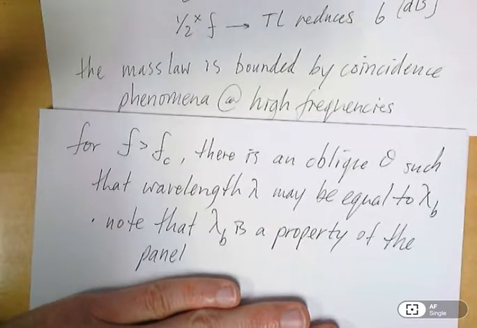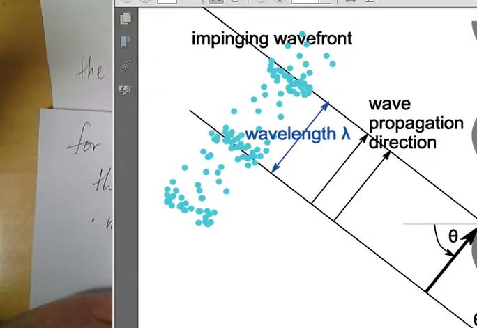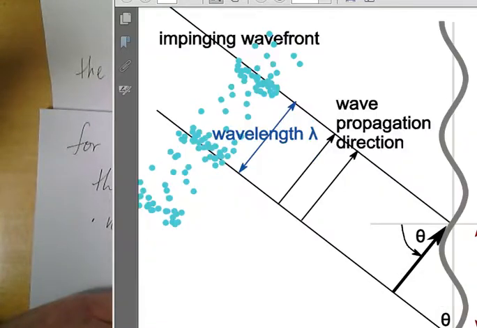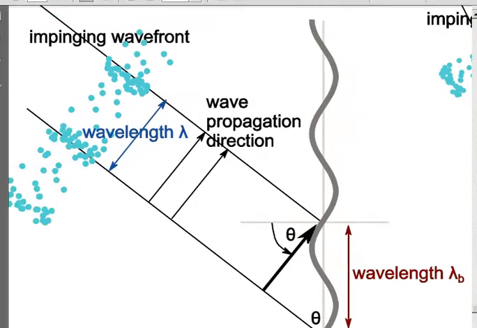A schematic of the situation is very helpful. So let me bring that up. This is in figure 66 of the course notes. If we have a wave front that's impinging upon a panel, that has an acoustic wavelength of lambda, and it arrives at this oblique angle theta. Now the projection of this wavelength on the panel may correspond to the bending wavelength.